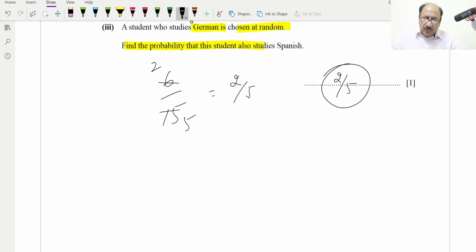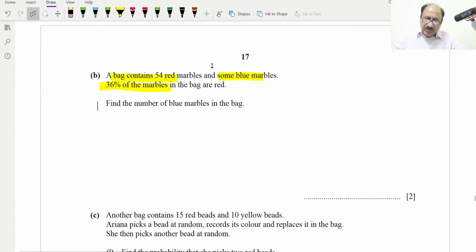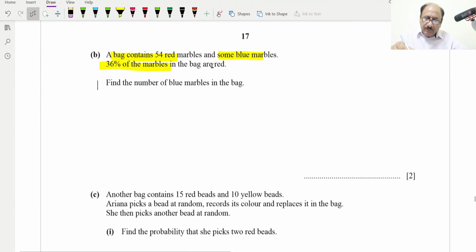It was a 1 mark question. Now next, B part: a bag contains 54 red marbles and some blue marbles, and 36% of the marbles in the bag are red. So if I write 36% of x is equal to 54.